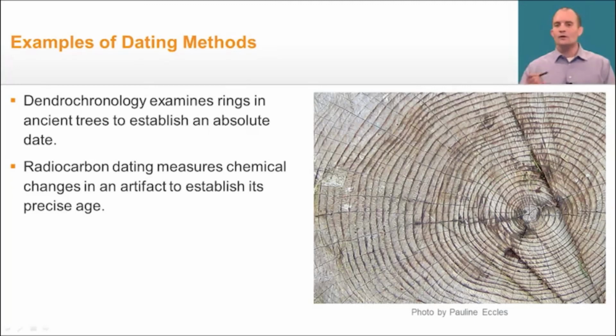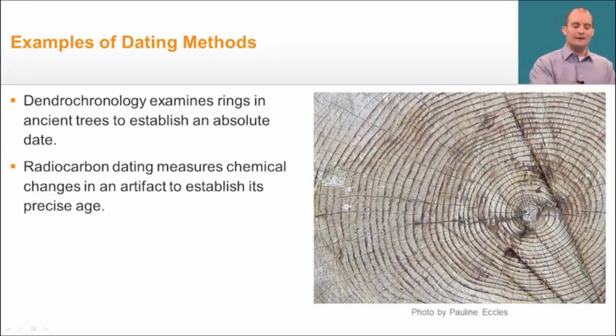If you take a look at this picture here, you'll see that some have larger spaces between the rings than other ones. Many times that can notate that a drought took place during this year, or perhaps if it grew a great deal, like for example right here, there was plenty of water. So these are all clues that archaeologists can use.